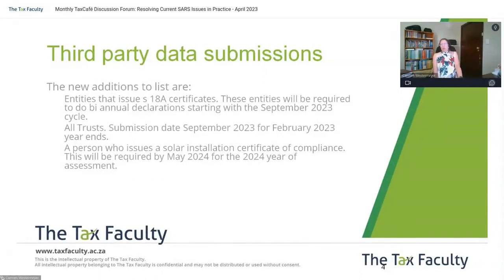Who is issuing you with a certificate that you go to your municipality to, that you go to your insurance company to go and say, by the way, I'm compliant, my solar installation isn't going to blow up? Which 99% of the time is going to be an electrical engineer rather than necessarily the person who did the installation. They will often be the same, but they don't have to be. Okay.